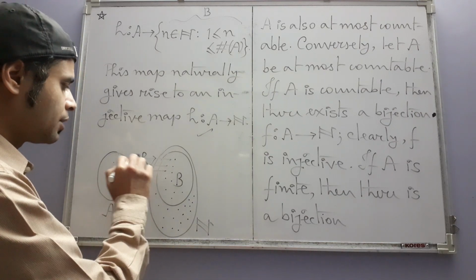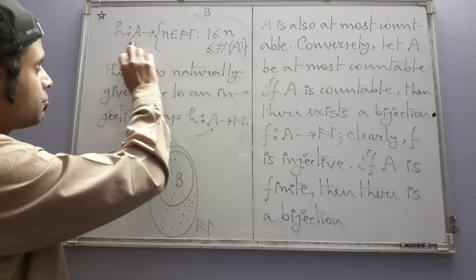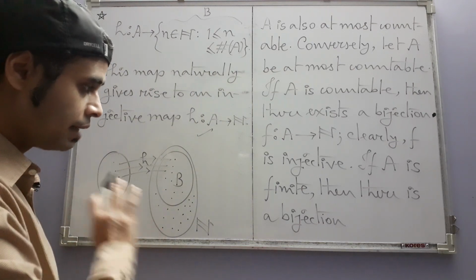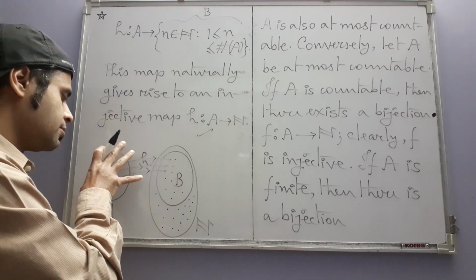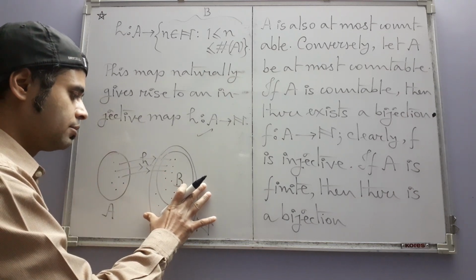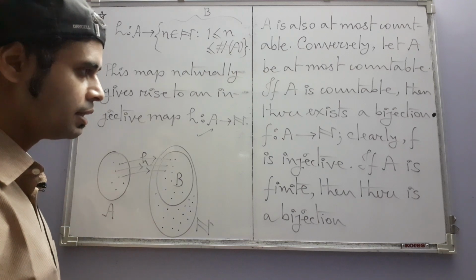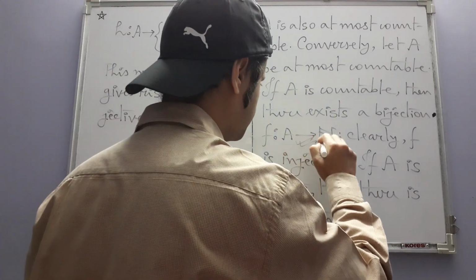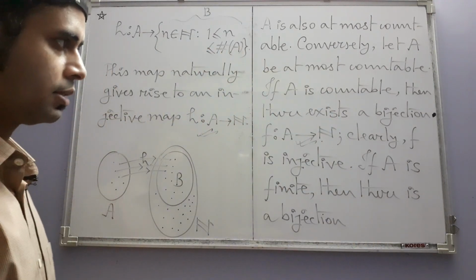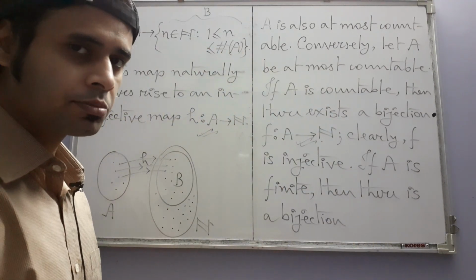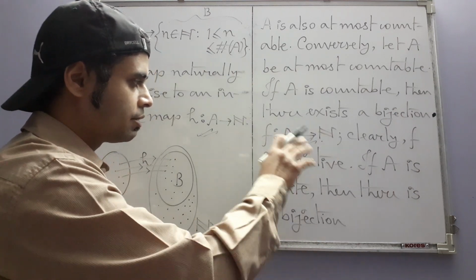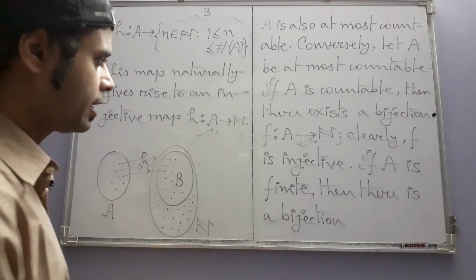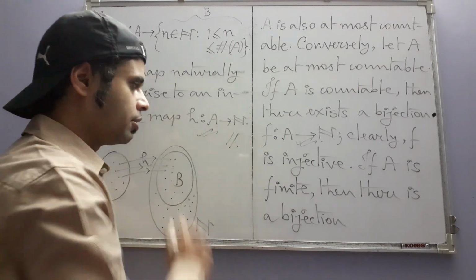In fact, our original h was bijective also, but now we have got injectivity and never bijectivity, because B is finite whereas the entire N is infinite. In any case, we have maps like this. So assuming that A is at most countable led us to the conclusion that one such injective map exists from A into the set of natural numbers, and that completes the solution.